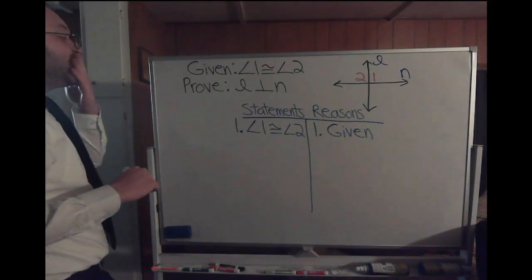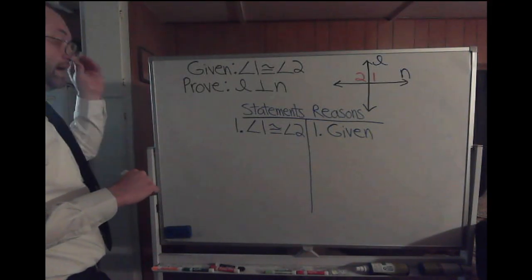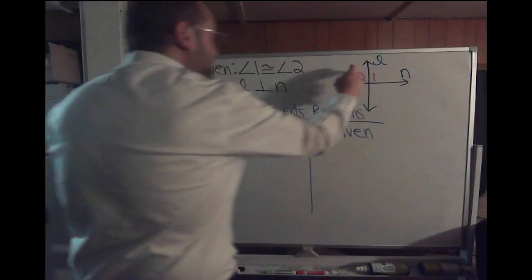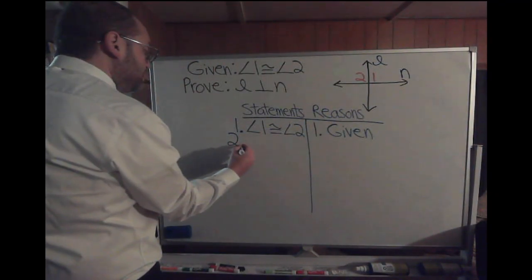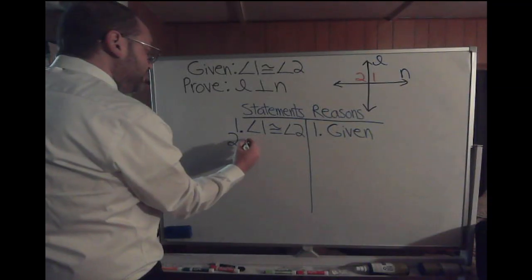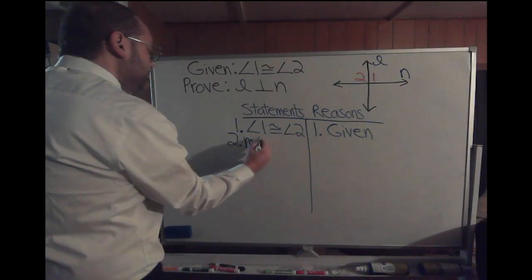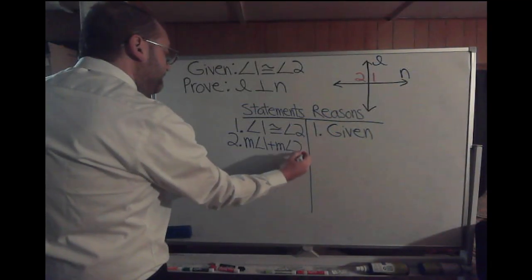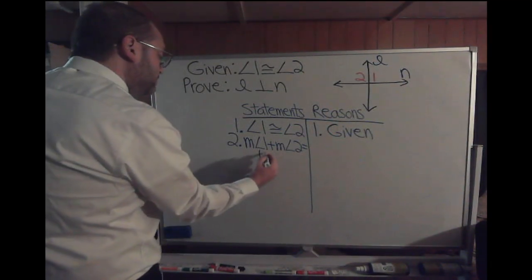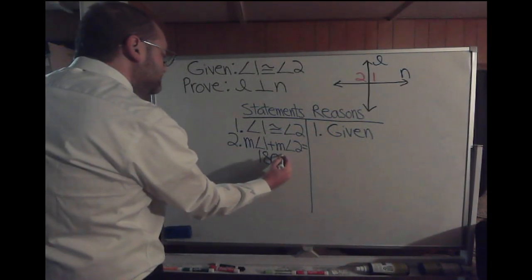Now we need to add up the measure of angle 1 plus the measure of angle 2. We'll get 180 degrees. So the measure of angle 1 plus the measure of angle 2 is going to equal 180 degrees.